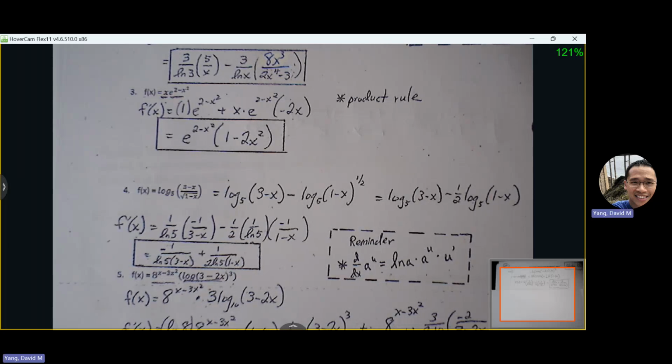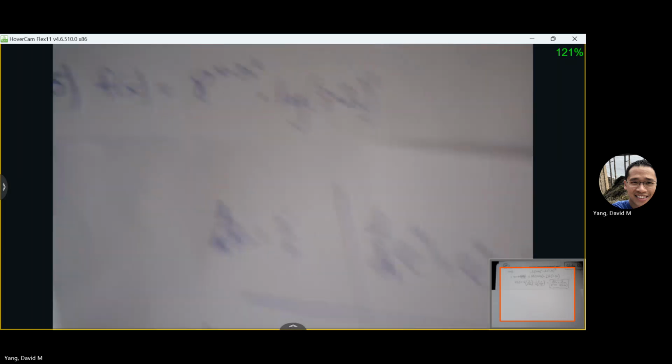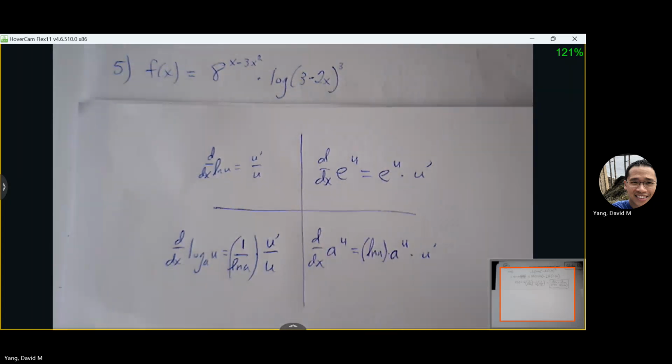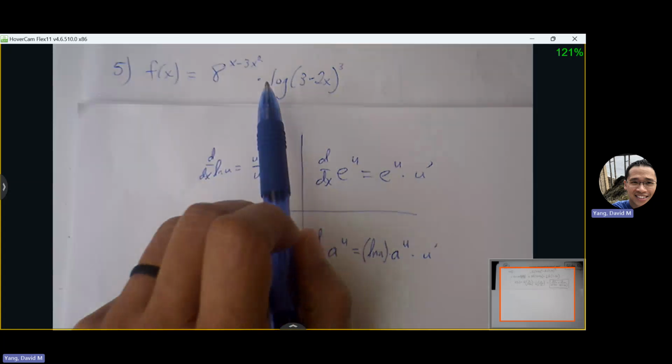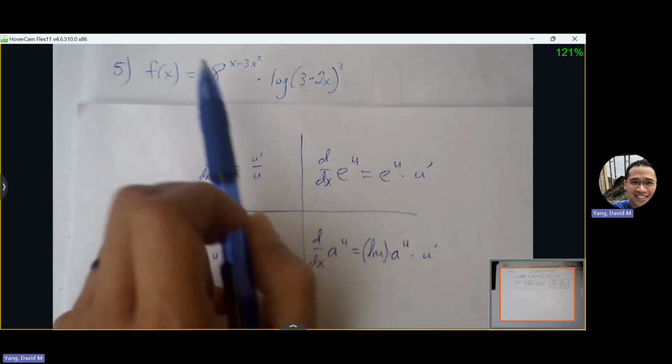Okay, try number 5. Okay, so number 5, we have 8 to the x minus 3x squared times log of 30 minus 2x cubed.